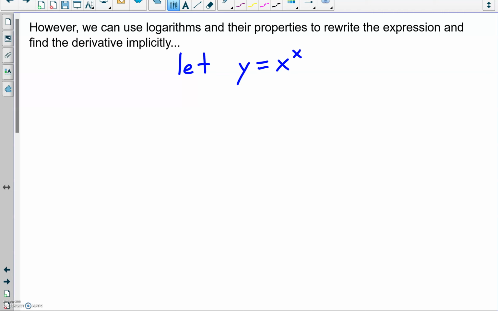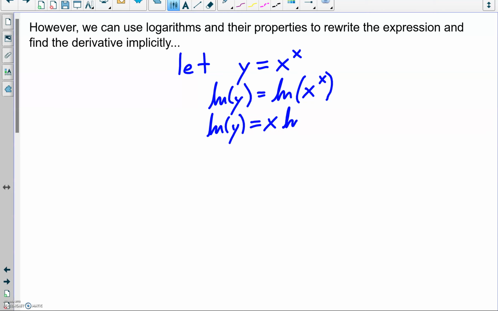And what you do is, you start out like I did here, y equals x to the x, and then I'm going to take the natural log of both sides. And you may have done something like this in college algebra or some other algebra class, where you were solving for the power. You introduced the log on both sides, and the reason you did that is because you could then use the log property where the power can actually be brought out front as multiplication.